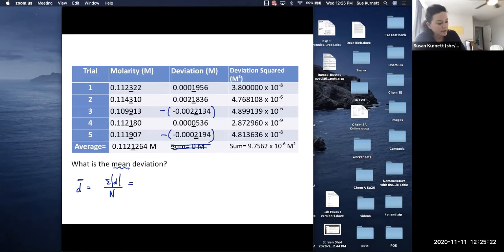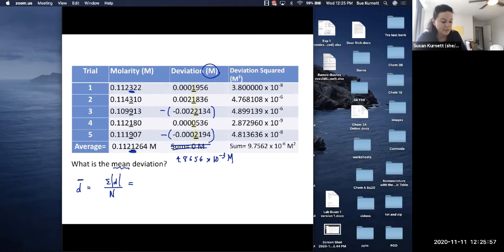And when I do that, I got 4.8656 times 10 to the negative 3. And the units are molar. And all of these went 4 past the decimal, because a deviation is us subtracting this that went 4 past the decimal and this that went 4 past the decimal. I've marked where my deviations stop being significant, the last sig fig, and it's 4 past the decimal.